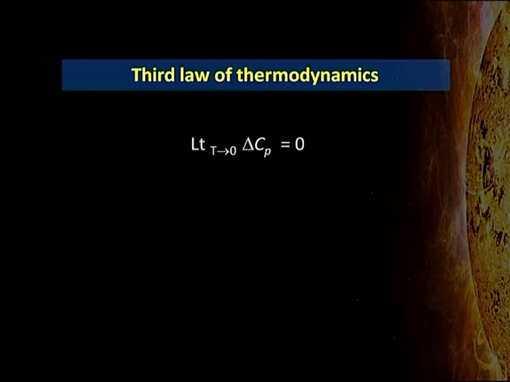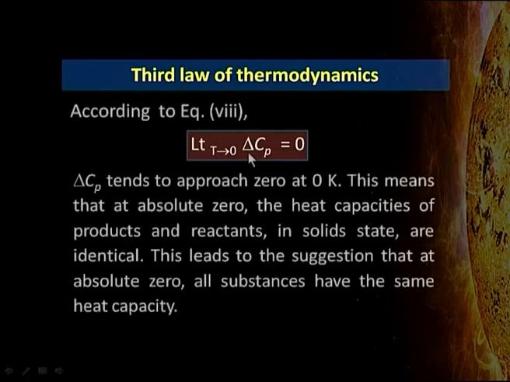By the use of the Nernst heat theorem, now we will discuss the third law of thermodynamics. From the Nernst heat theorem, we know that the limit of delta Cp when T approaches 0 is equal to 0. This means that at absolute 0, the heat capacities of the products and the reactants in solid state are identical.